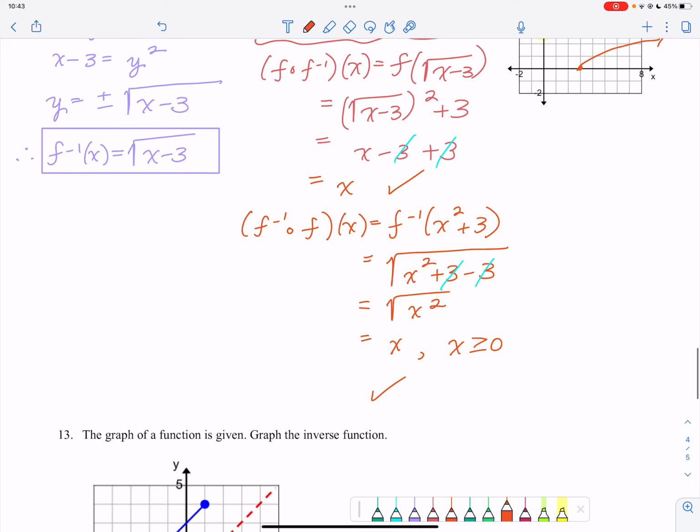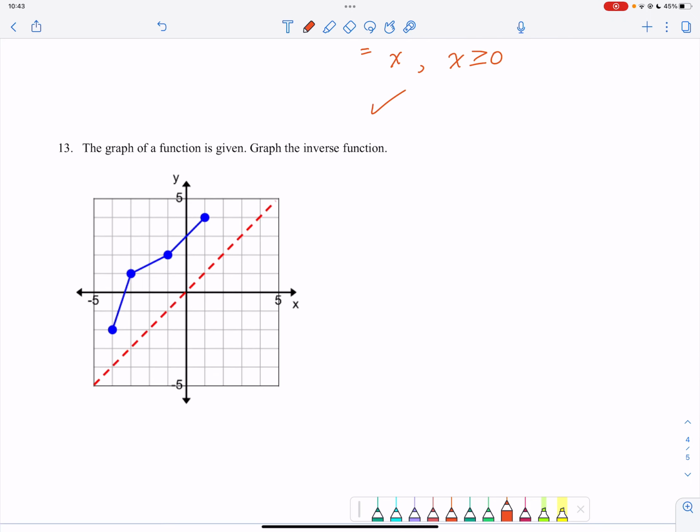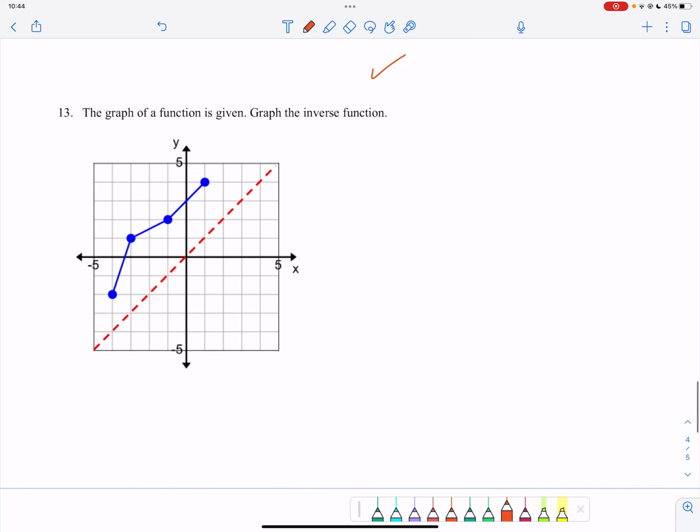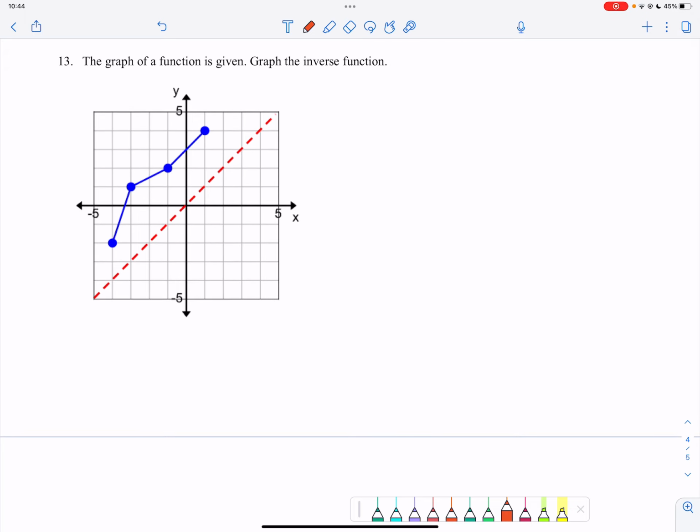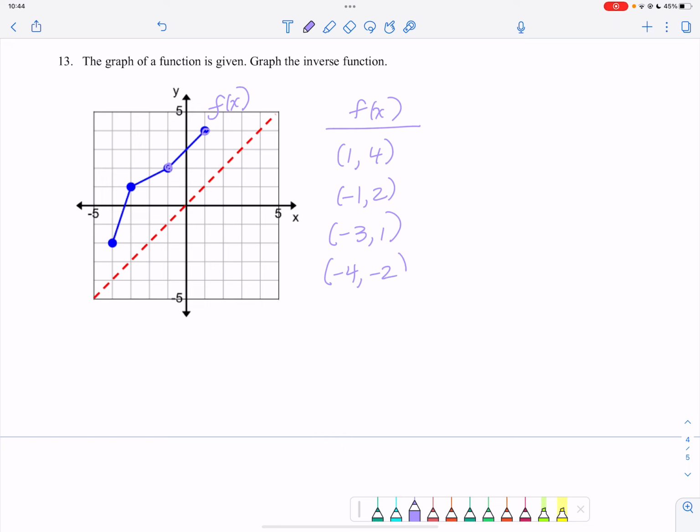Okay, let's take a look at this last problem when we're given coordinates of f. So this is the graph of f of x. So our points on f of x, and let's just go through them one by one. We have 1, 4. We have negative 1, 2. That was negative 1, 2. And then we have negative 3, 1. And negative 4, negative 2. Now what happens?